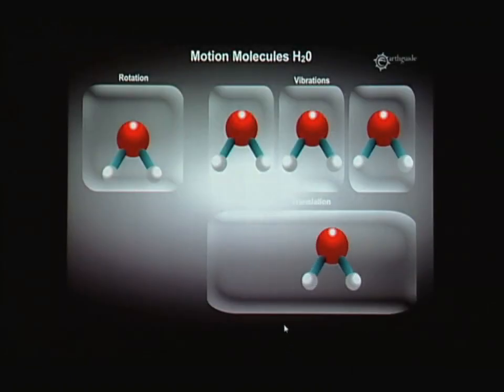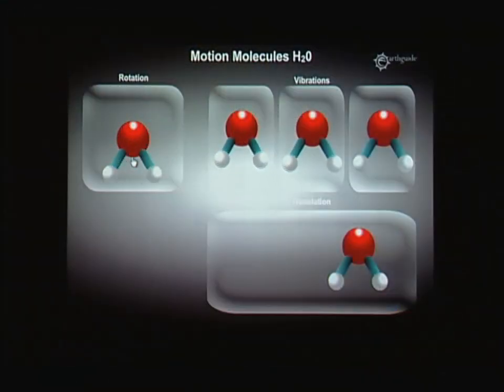So translation is a kind of motion where the atom moves from one place to another. There are also other kinds of motion like rotation and stretching, and these are all water molecules, moving those hydrogens out from the oxygen, doing this alternately, moving them closer together.